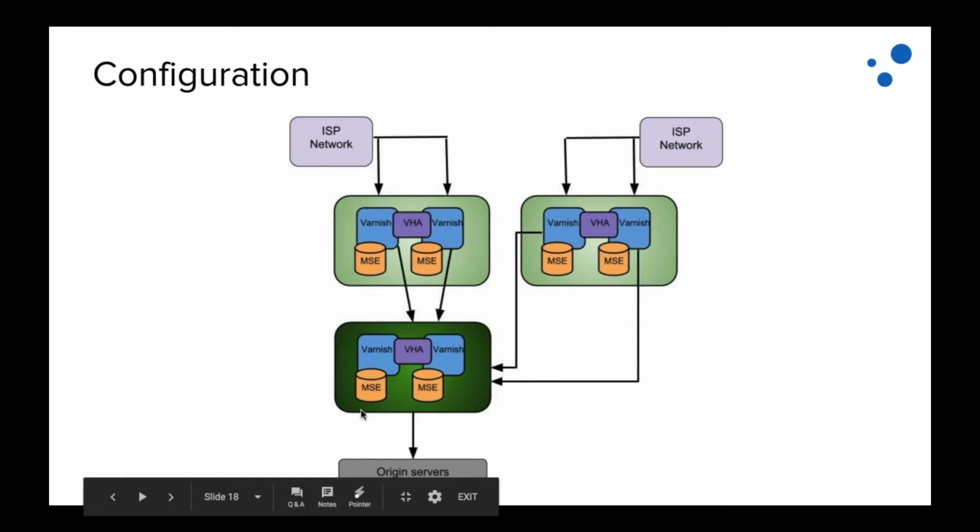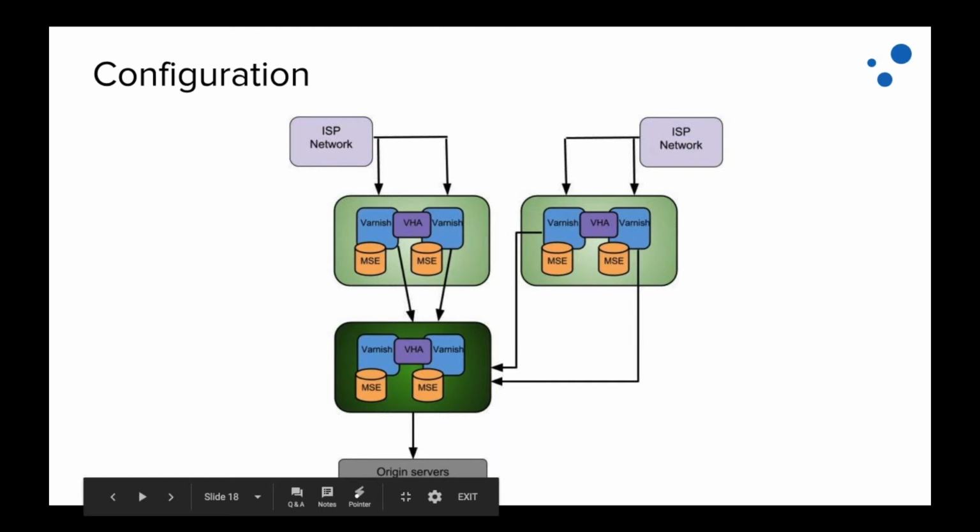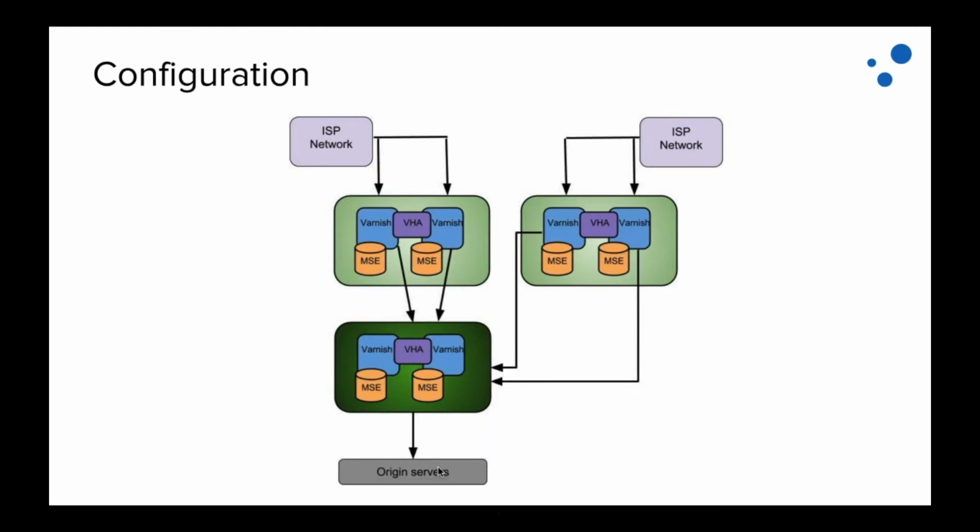So that's a CDN really. Let me explain that. We have origin servers, we have a network, and this network has a few incoming requests, and then we have 1, 2, and 3 different points of presence. These points of presence act as caching nodes, but they are also shielding the origin servers. That's because the origin servers generate the content, and you need to protect it.